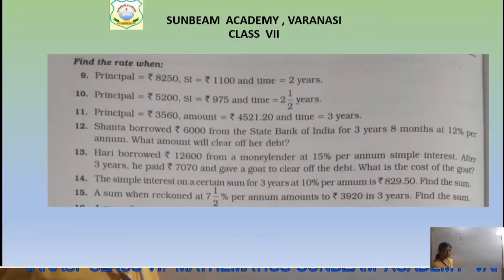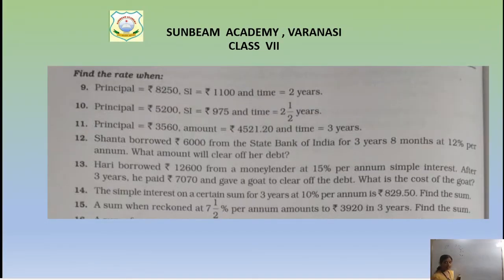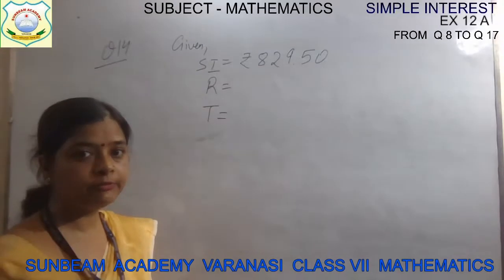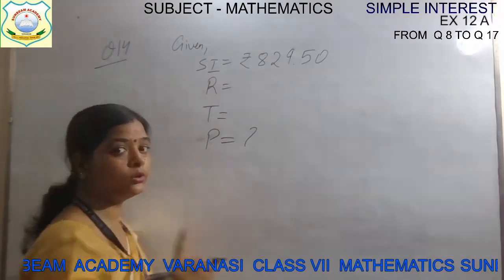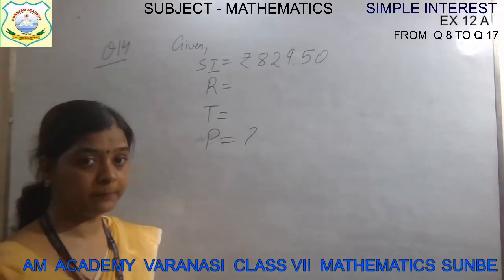It is 829.50, that is 829 rupees 50 paisa. This is the simple interest on a certain sum that we don't know. So P we don't know, children. In this case we don't know the principal money.